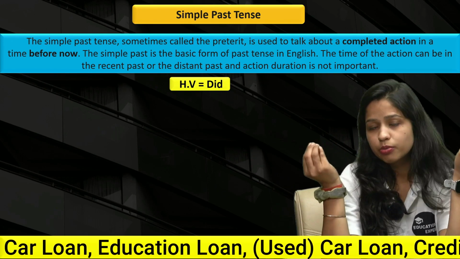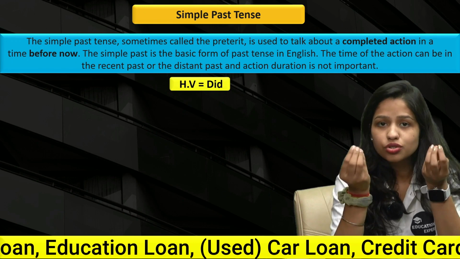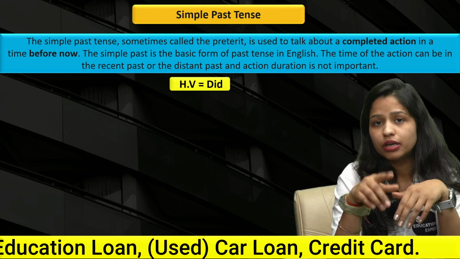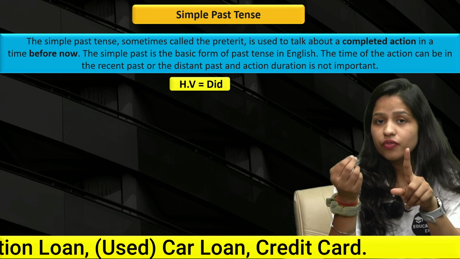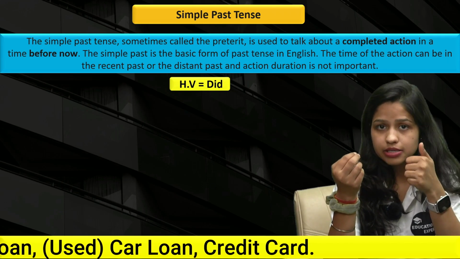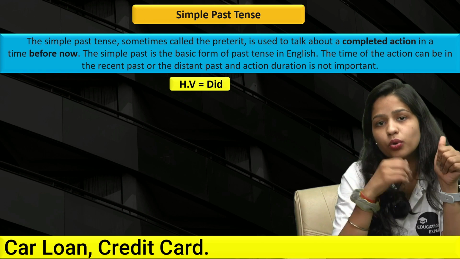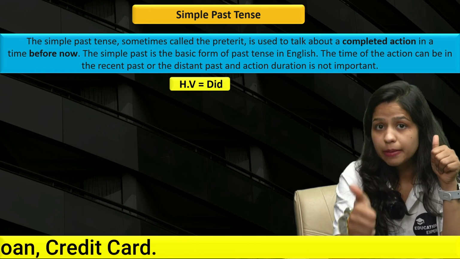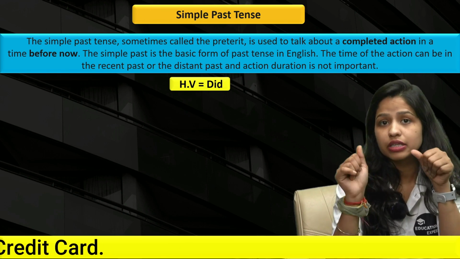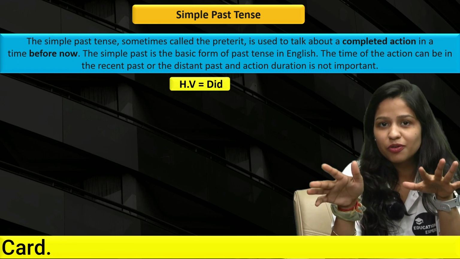The structures are very simple because of one helping verb only. And what are they? The first one is simple past tense, where the helping verb is did, and the other one is past perfect tense, right?